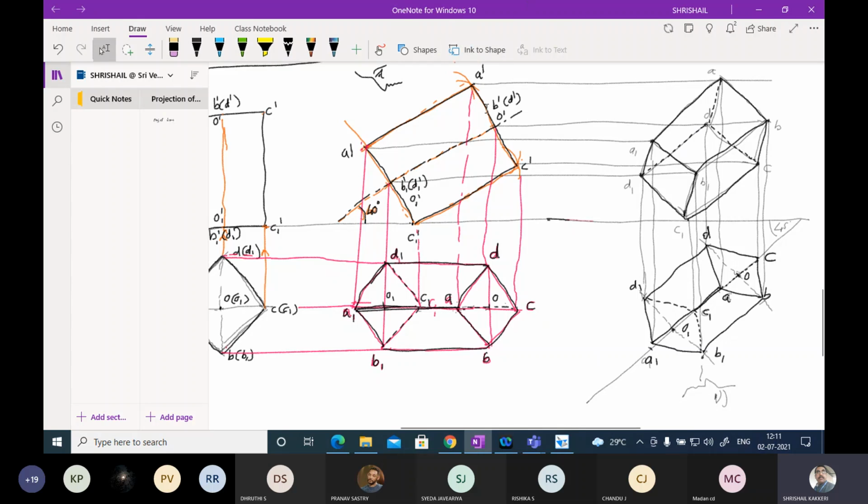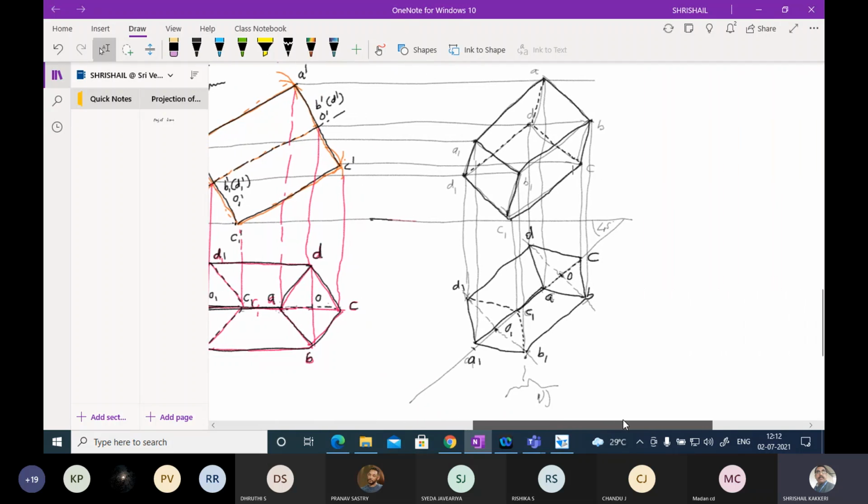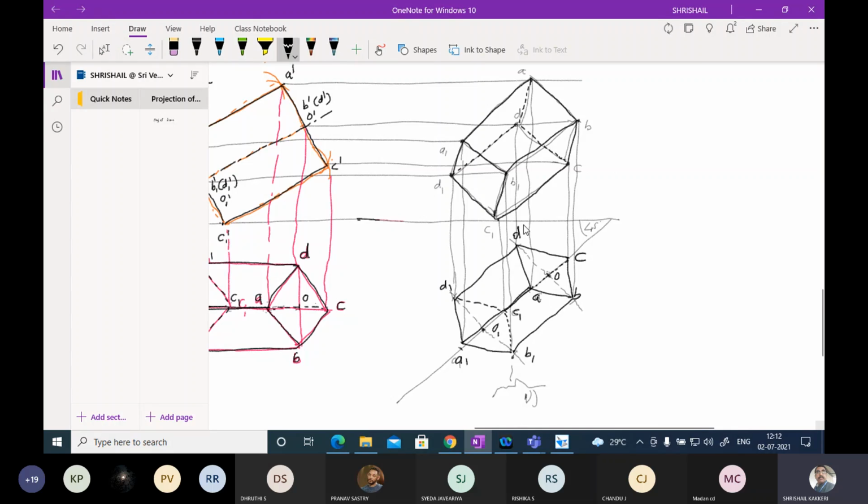So held together, how it will be visible, I will be showing you. It will be visible like this.